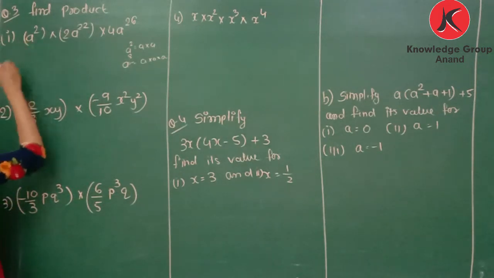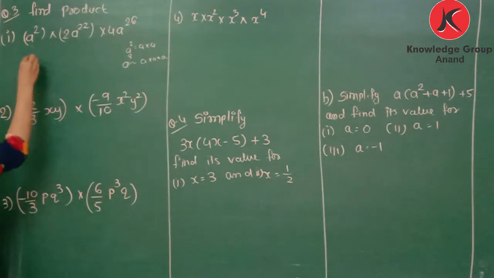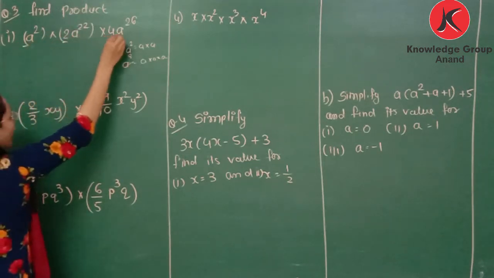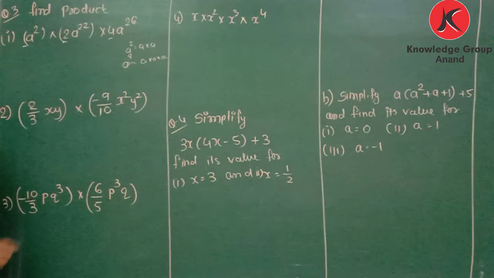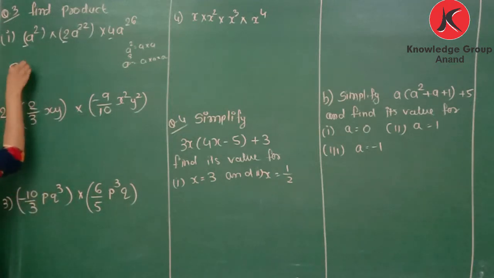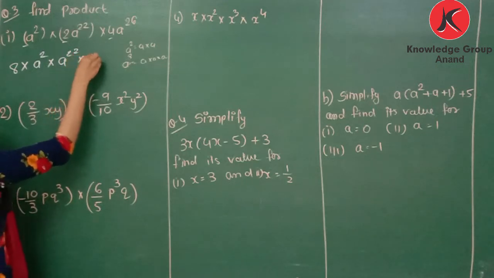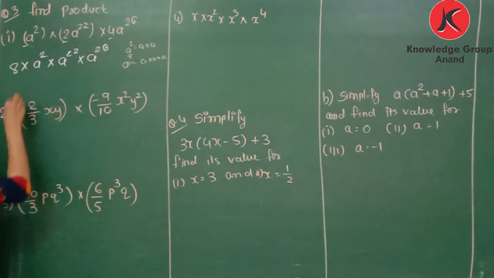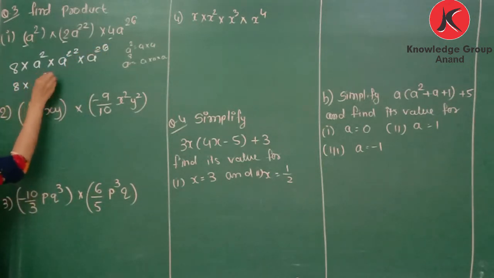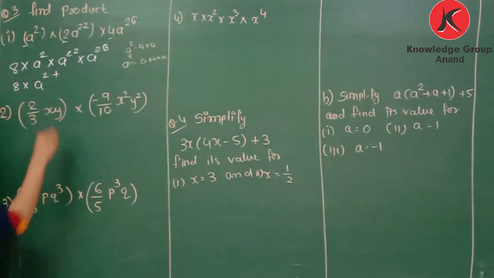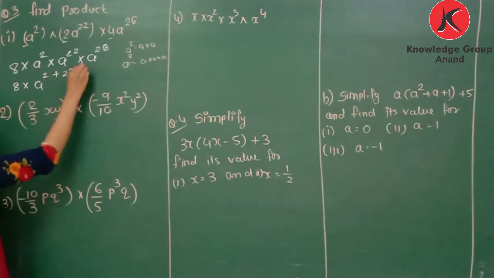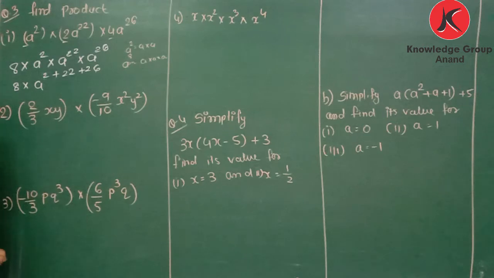So here first, multiply the numerical coefficients. Here 1, 2 and 4. 1 2s are 2, multiply 4. A square multiply a raised to 22 multiply a raised to 26. Now if we apply the exponent and power concept, it becomes 2 plus 22 plus 26.